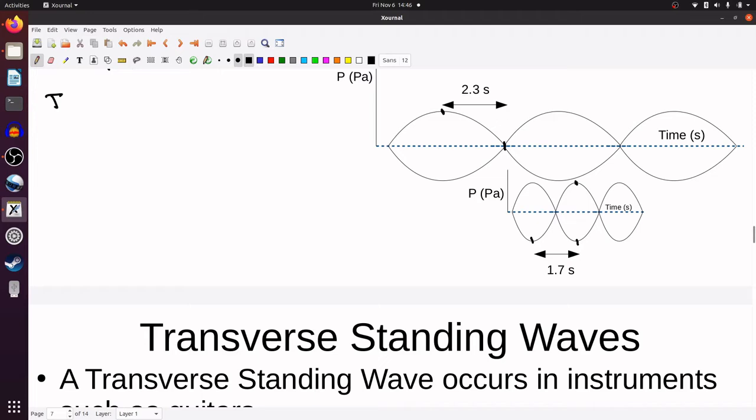We haven't come back down to the original position. So this one is half of the overall wavelength. So I'm going to take 2 times 1.7 seconds, which gives me 3.4 seconds. What I can't do in my head is 1 divided by 3.4 seconds. I can approximate it, but not very well. And that gives me 0.29 hertz.